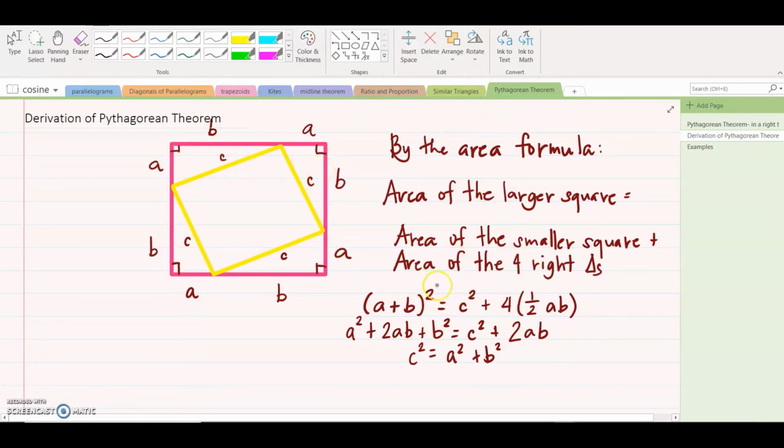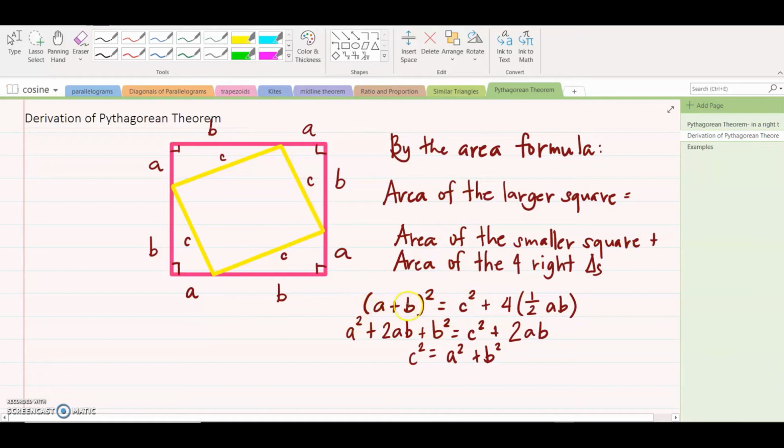Now, the formula here is the area of the larger square, which is the quantity a plus b squared, equals the area of the smaller square, which is c squared, plus 4 right triangles, which is 1/2 ab, the formula for the area of a triangle. So 1/2 ab.